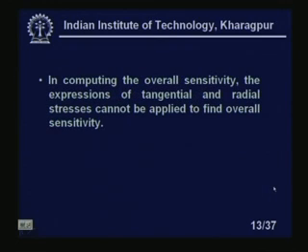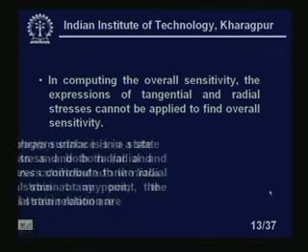In computing the overall sensitivity, the expressions of tangential and radial stresses cannot be applied by themselves.